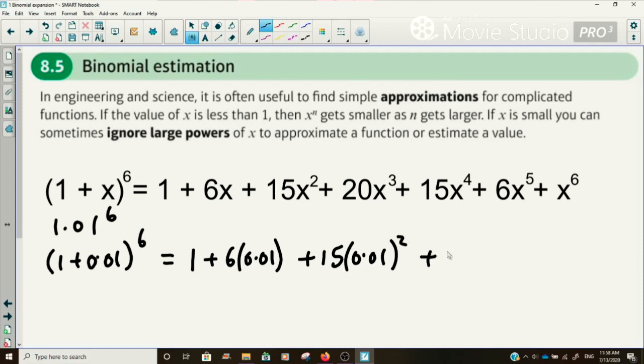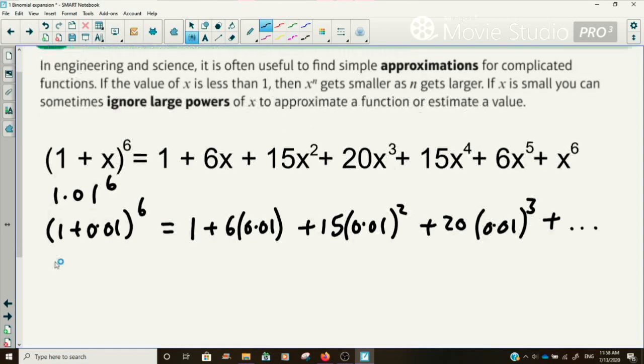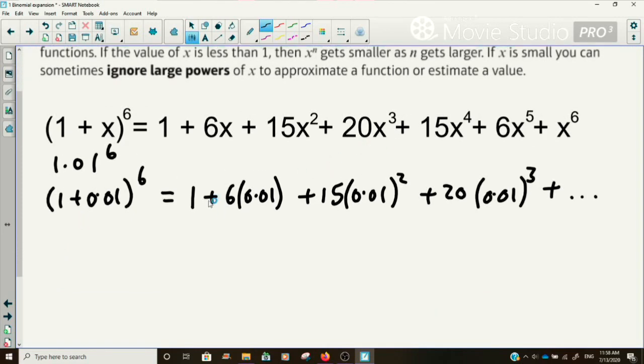you'll see as we progress down the expansion, we don't actually need to do all of the terms. In fact, let's just do the first 4 and you'll see what I mean. So, adding these together, that's 6 times 0.01, 0.06.